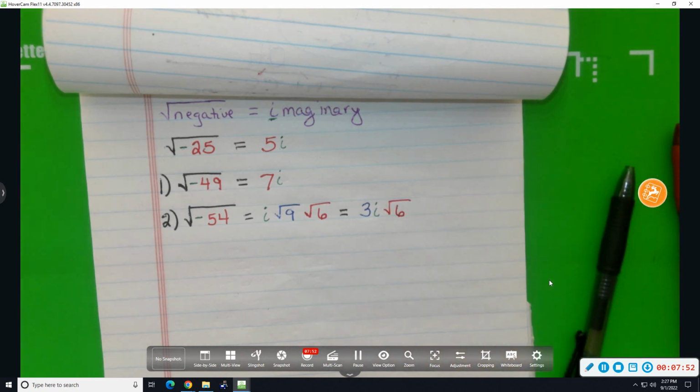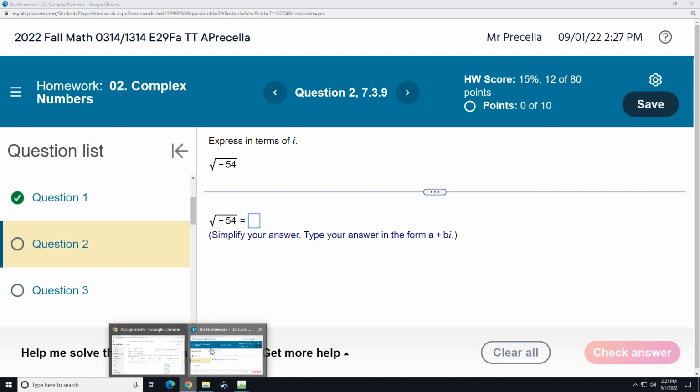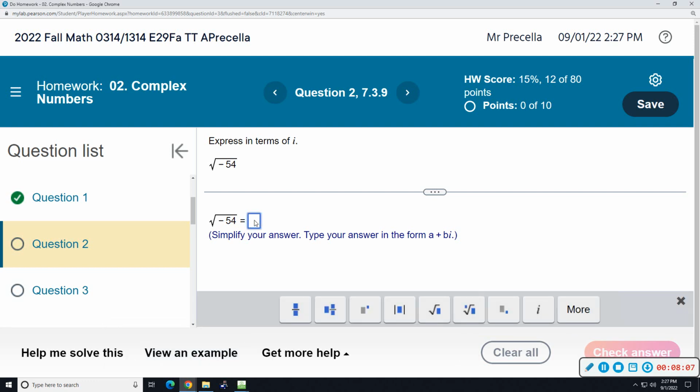That's the standard form for writing it like that. If you have a square root symbol in your answer, put the I right in front of it. Okay. 3i square root of 6. Check our answer.